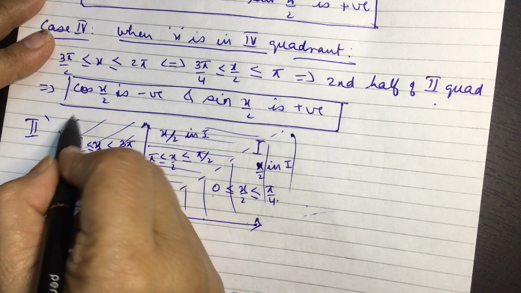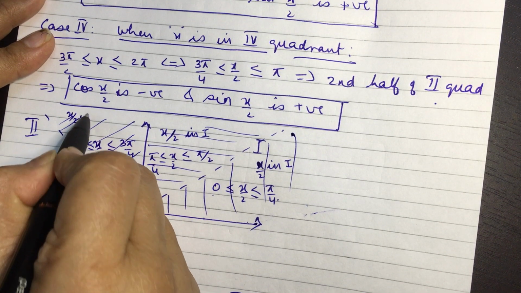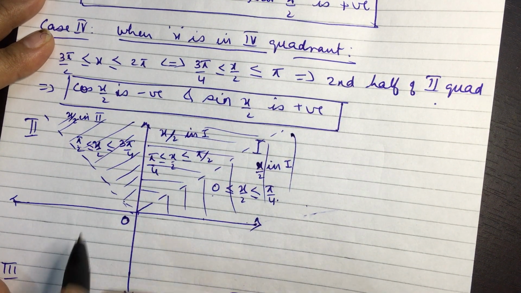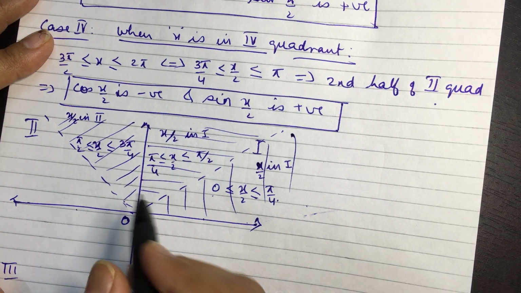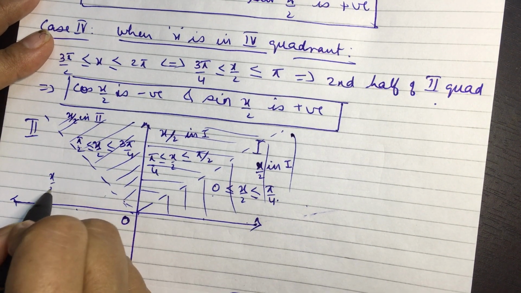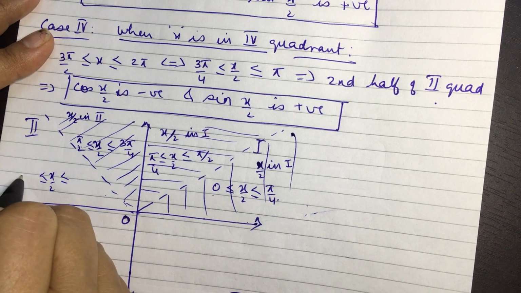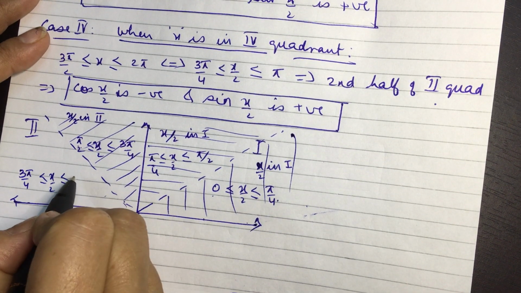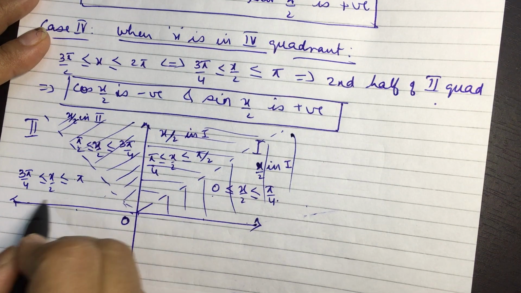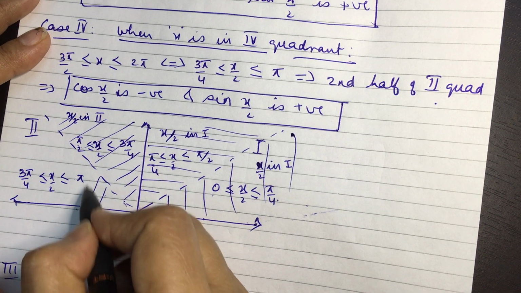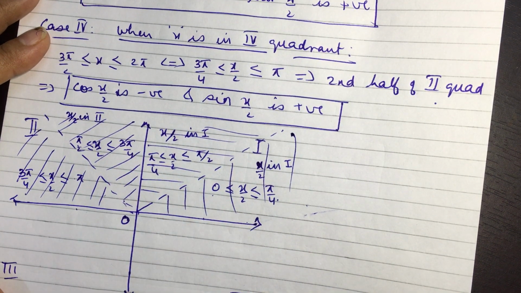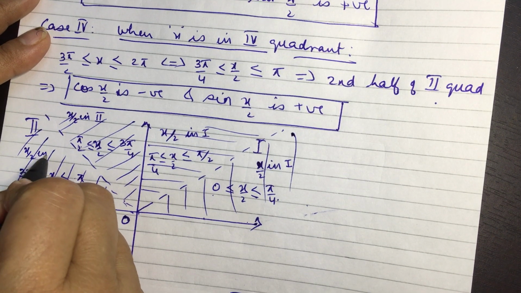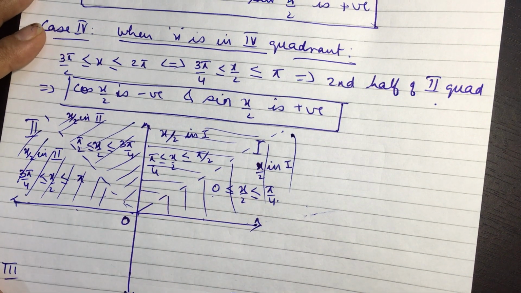So we have x by 2 in second quadrant. And when x lies in the fourth quadrant, x by 2 lies between 3 pi by 4 and pi, the second half of the second quadrant, so x by 2 is in the second quadrant.